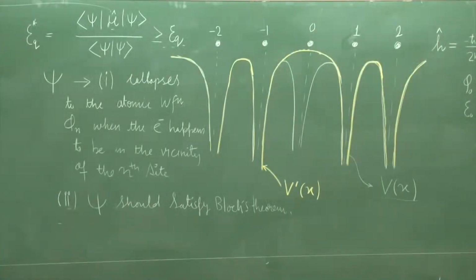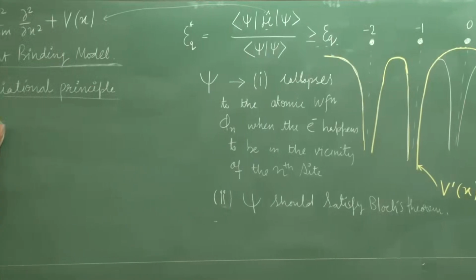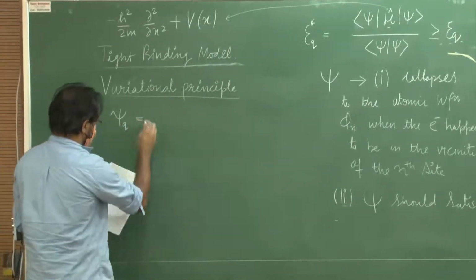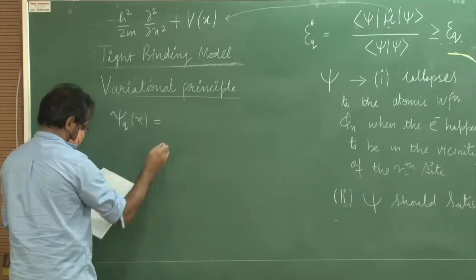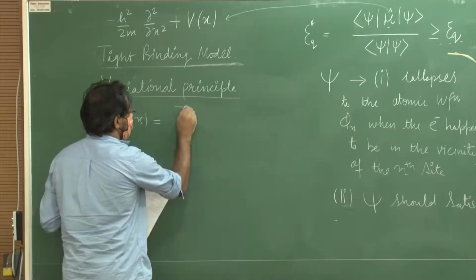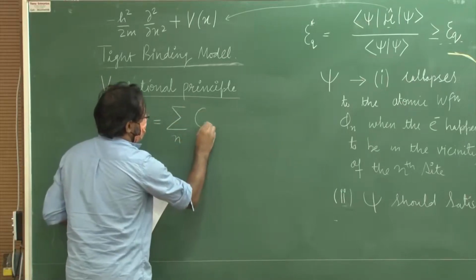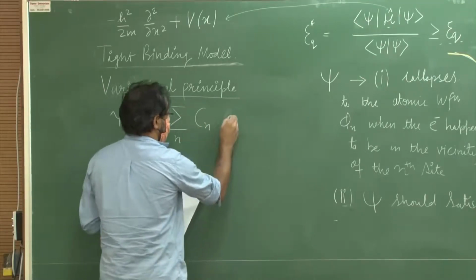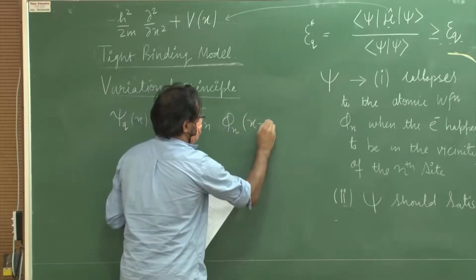So, this is it. Now, let us construct our psi. So, we can write psi of q, of course, there is an x here, equal to the summation over n of Cn phi n of x minus Na.